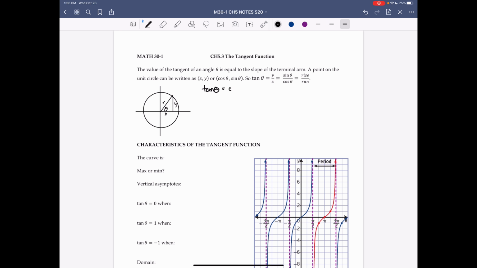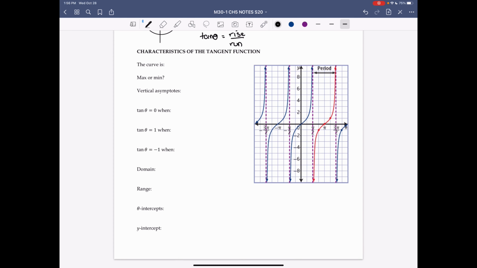Tan theta equals opposite over adjacent, which is y over x. And in terms of slope, y would be the rise, and x would be the run. So tan theta equals rise over run.